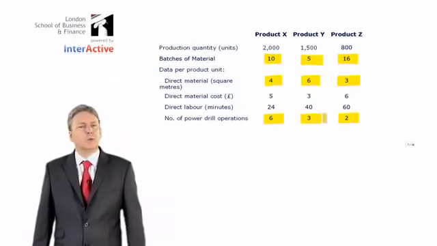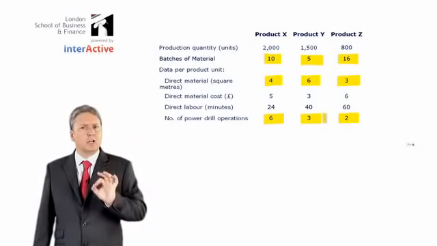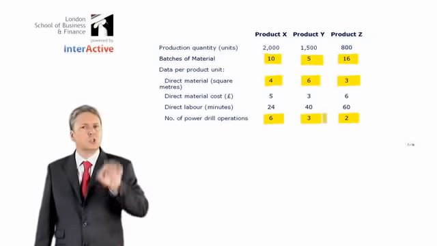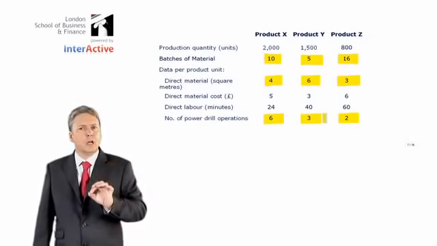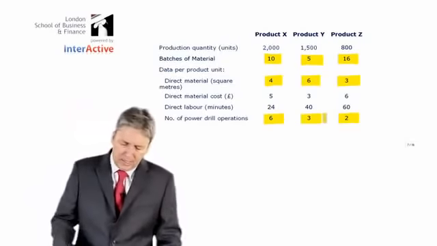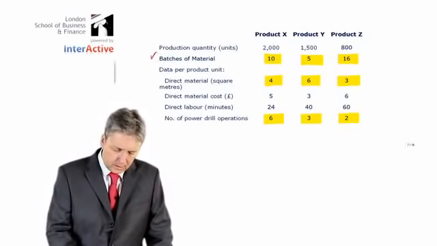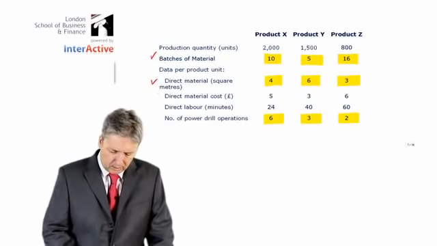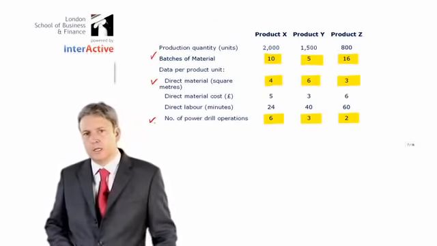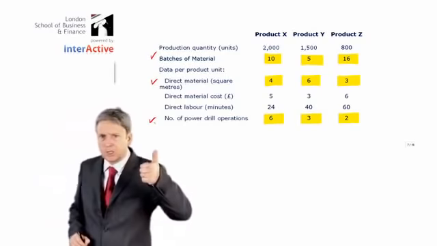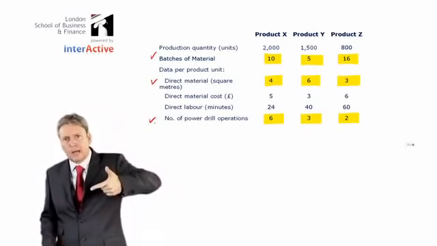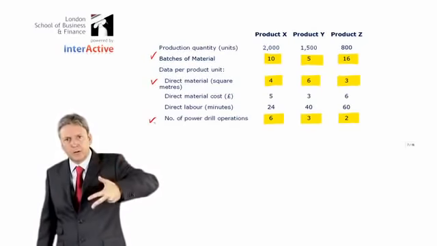So how do we go about this? Well, what we want to do is calculate what is described as the cost driver rate. And that's what I intend to do for each of these. Let's go away and calculate the cost driver rate for material receipt and inspection, process power, and material handling.